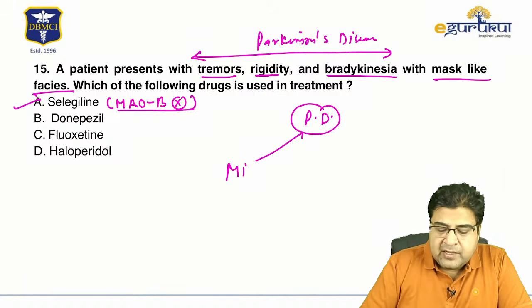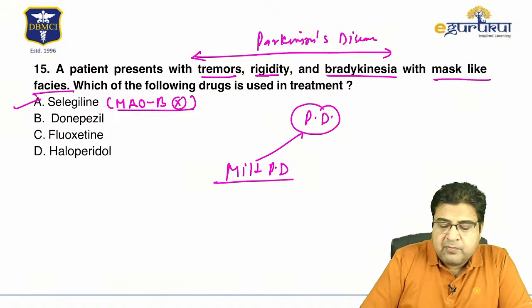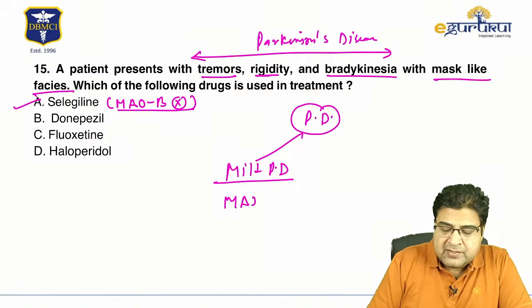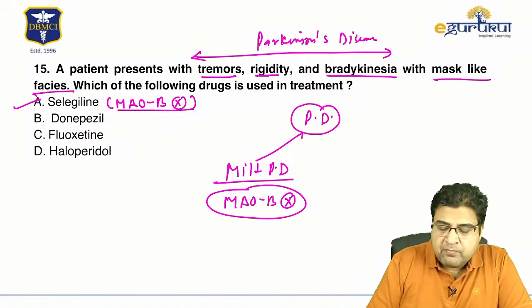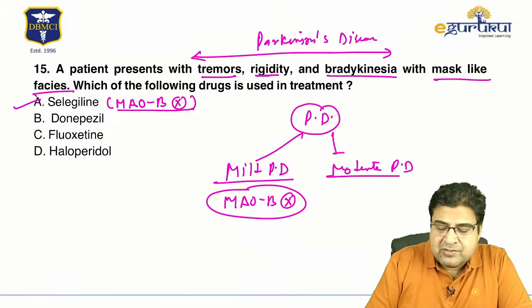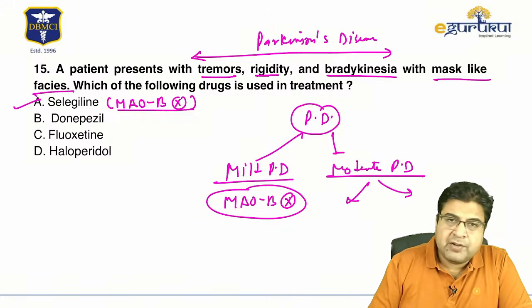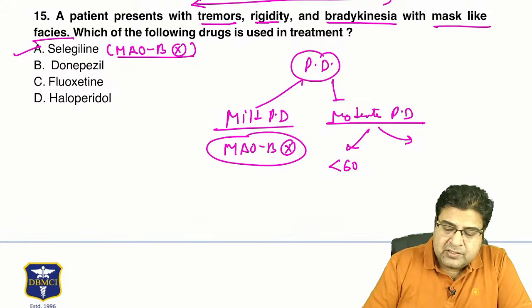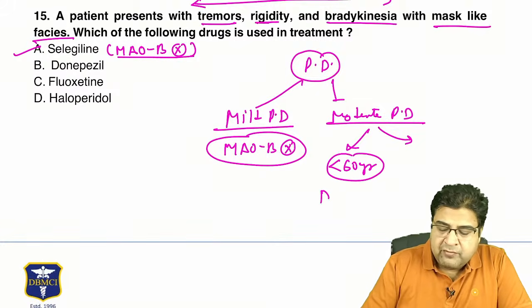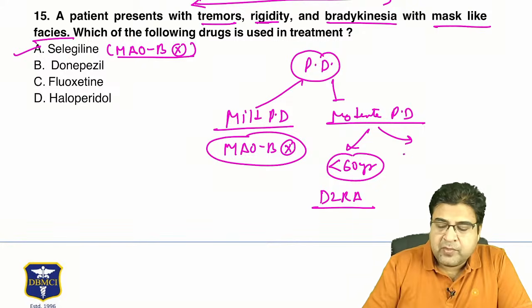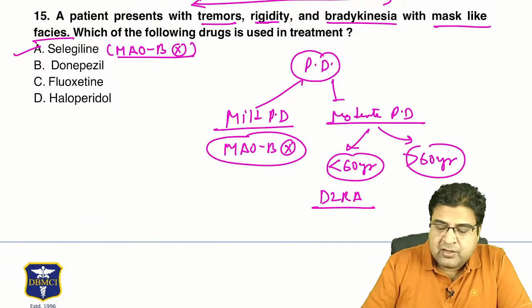In the mild cases of Parkinson's disease, the drugs of choice are MAO inhibitors. For patients who have moderate Parkinson's disease, if their age is less than 60 years, we will give a dopamine 2 receptor agonist. If the patient's age is more than 60 years, we will give a medicine like levodopa.